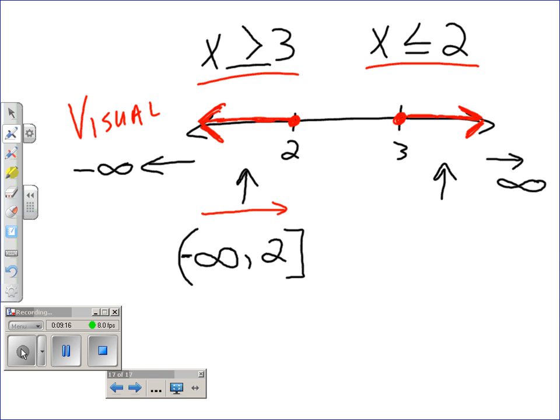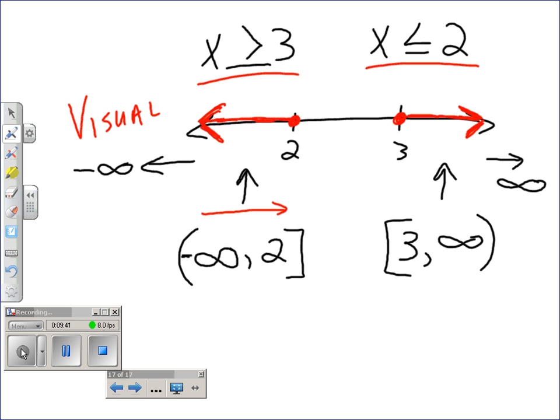So going to the left, from left to right, I'm going from negative infinity to 2. What about this interval over here? I'm going from 3 out to infinity. And it's positive infinity, but we don't write the plus sign. Is 3 included? Yes, it is. So a bracket. Is infinity included? No, it's not. We can't include infinity, so we put a parentheses around it.